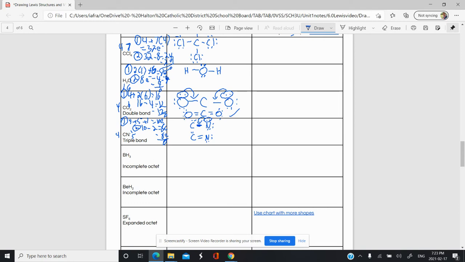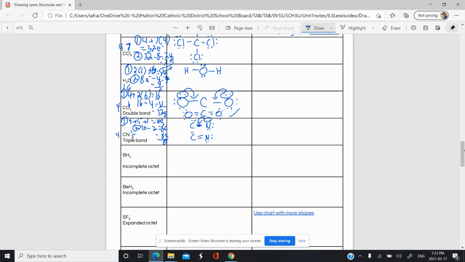So we're still a little bit off. You'll notice that carbon has 1, 2, 3, 4, 5, 6. And it has lone pairs on it still.